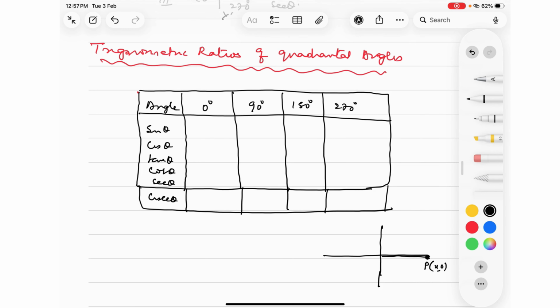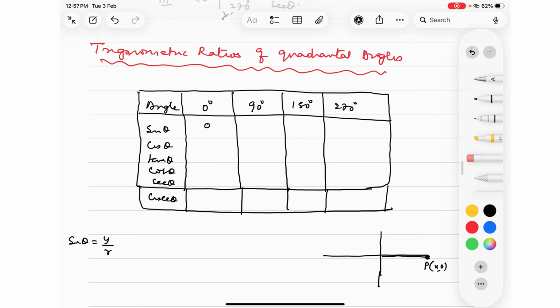So 0 degrees means the point P must be on the x-axis. And since sine theta means y by r, and if y is 0, naturally sine 0 will be 0.